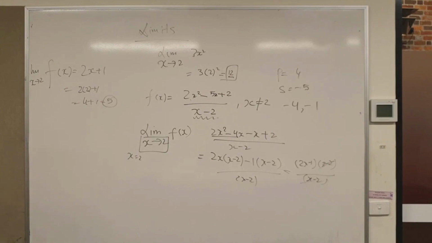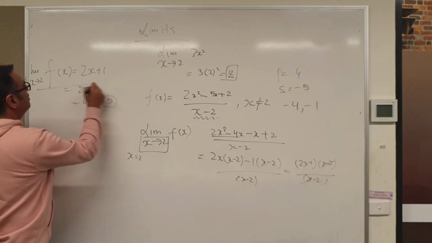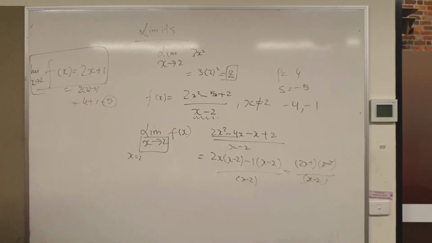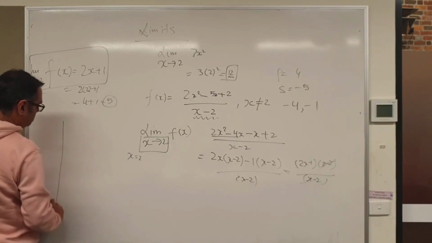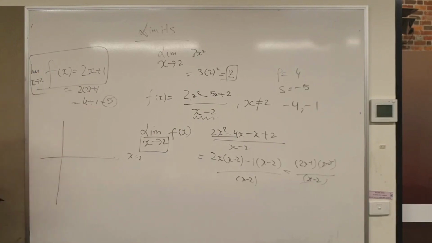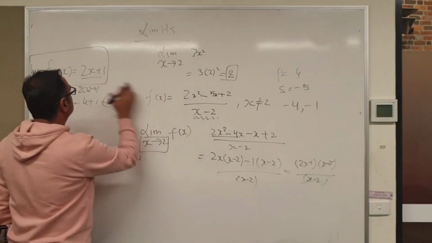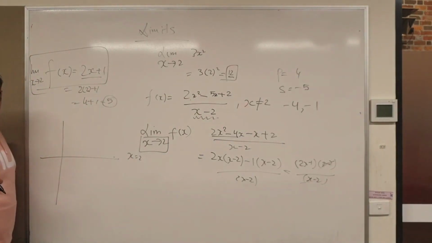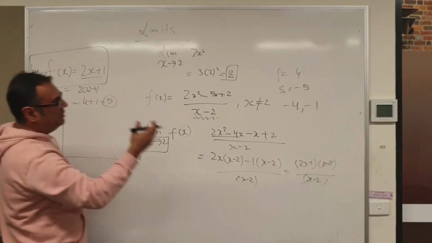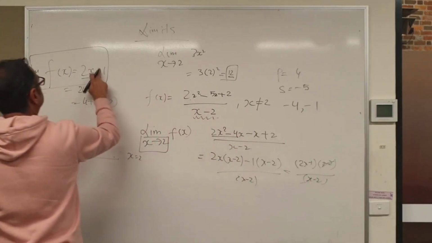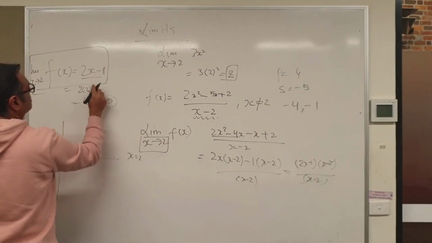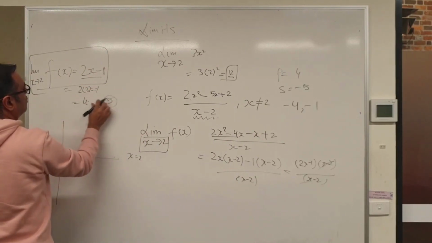Now, how will this function graphically look? If I were to draw the graph of this function, it is nothing but 2x minus 1. We just proved it. Is this going over your head or are you still with me so far? Isn't it minus 1? Maybe minus 1, sorry about that. So the answer is 4 minus 1, which is 3.